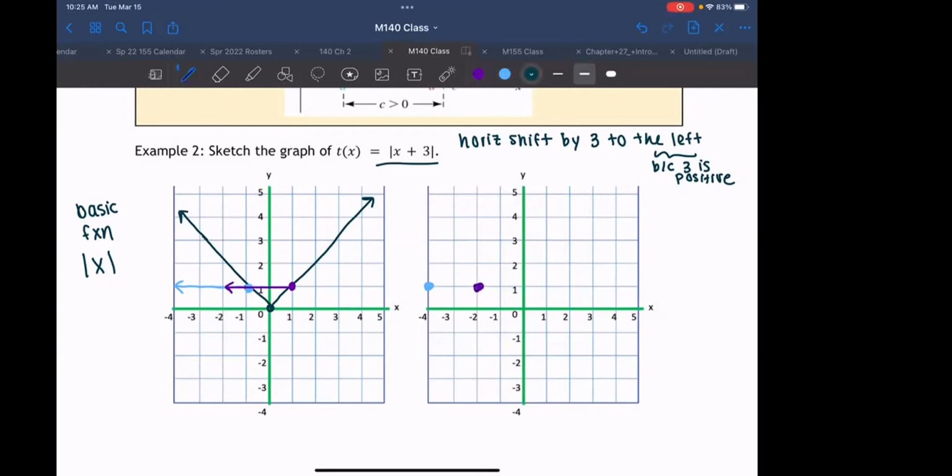Then I'm going to take my 0 point and move it 1, 2, 3 to the left, and my new point's going to be over here. Once I've moved everything to the left, we're going to connect the dots like this.